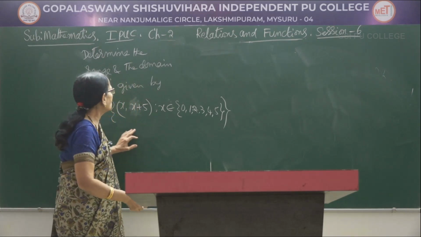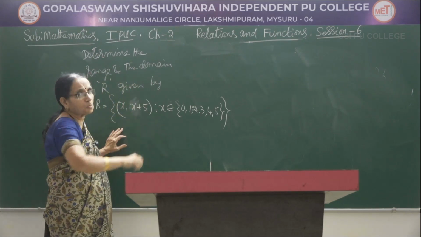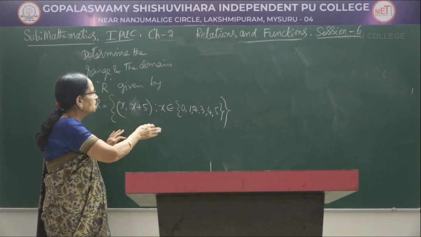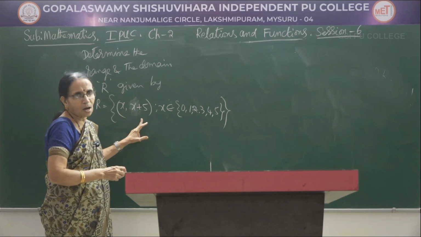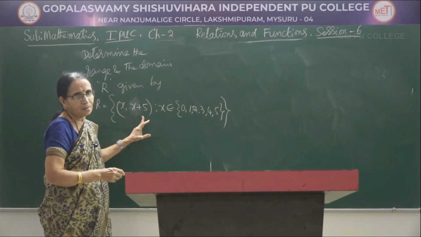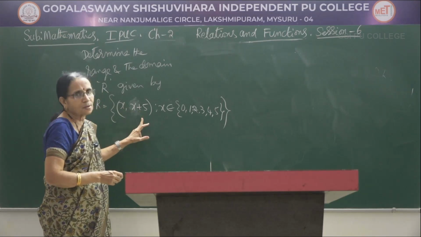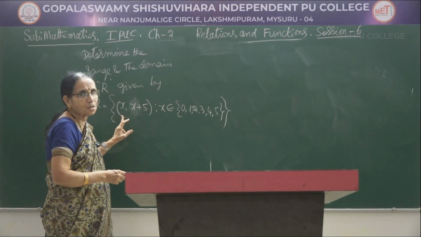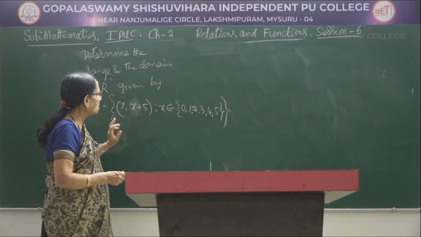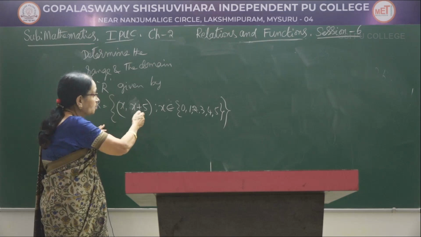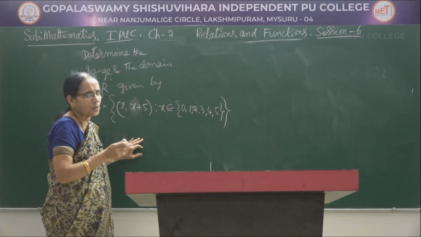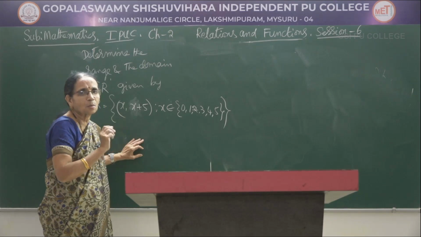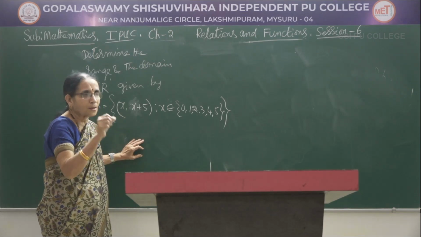Now, here the set has not been specified, but in the relation itself it has been given. Usually we write x comma y or a comma b like that. A is the first element, b is the second element, b is the image of a. In one of the earlier sessions I worked out a problem, y is equal to x plus 1.